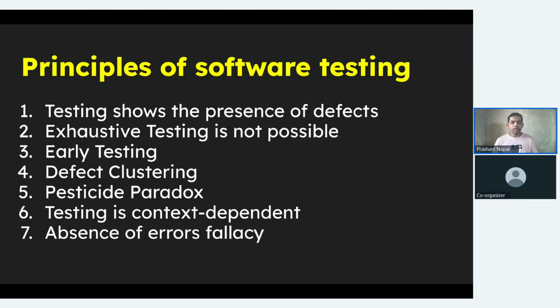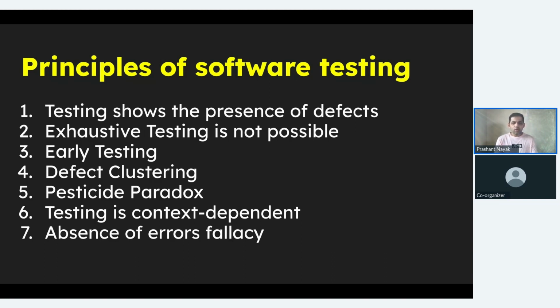And then the fifth one is the pesticide paradox. When we create a set of test cases, the pesticide paradox says that if you execute those test cases for the first time, it will find a defect. If you execute for the second time, you may find another defect. If you execute for the third time, you may find another defect.